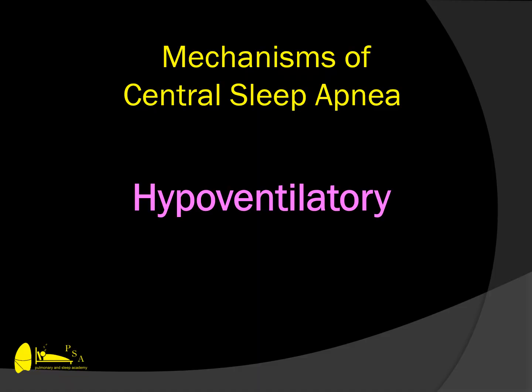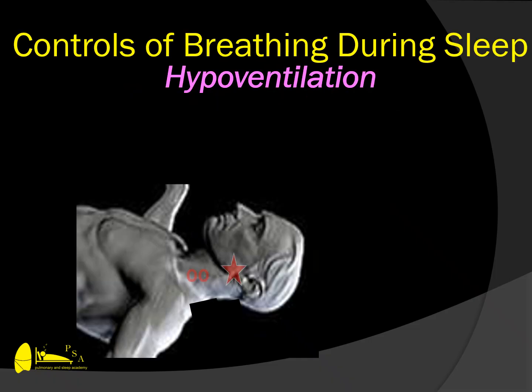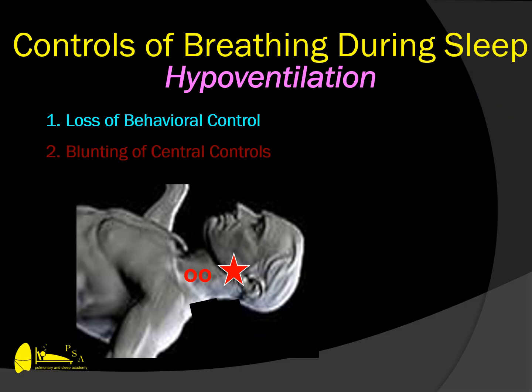First of all, we'll take a look at the patient who has central sleep apnea explained by hypoventilating. So with the central apnea associated with hypoventilation, during sleep there will be a loss of behavioral control, and there will now be a blunting also of the central controls.